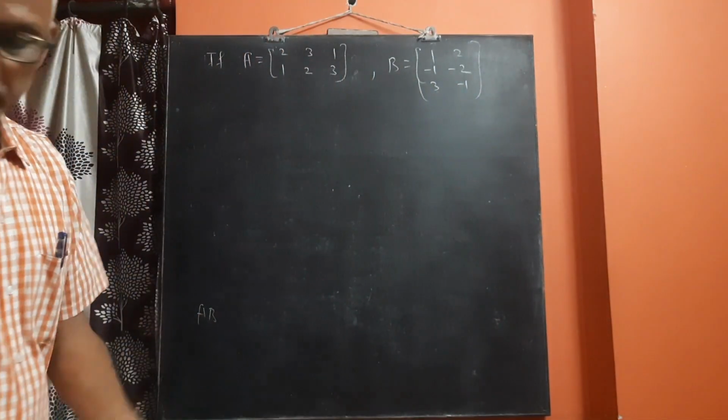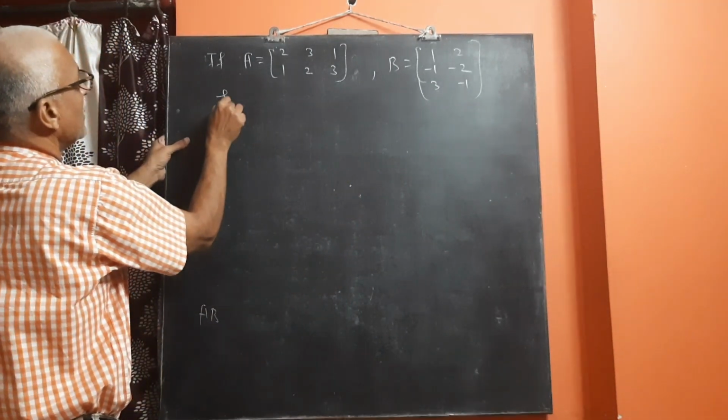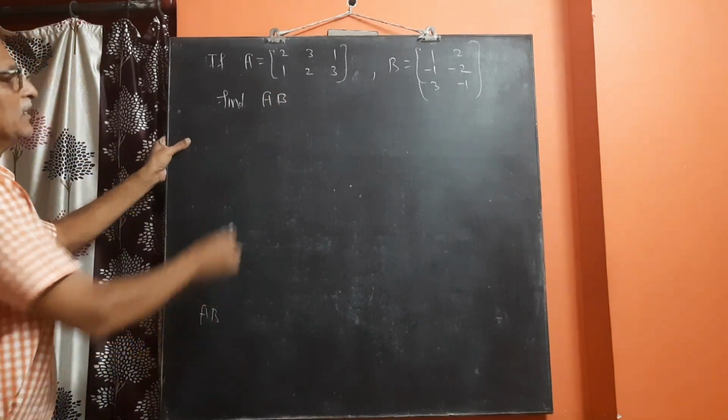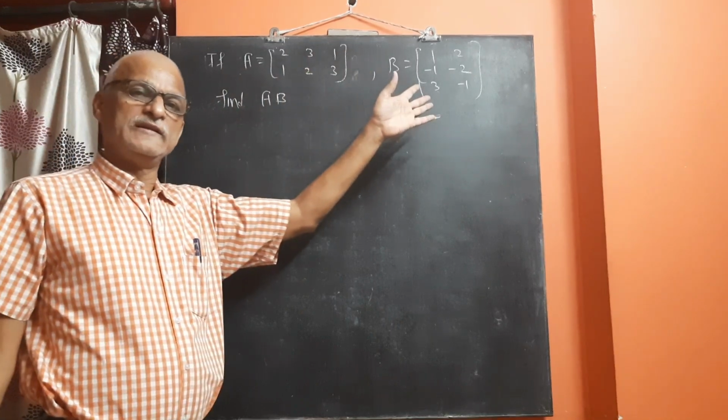We have to find out A into B. Now first we have to verify whether the product is possible.